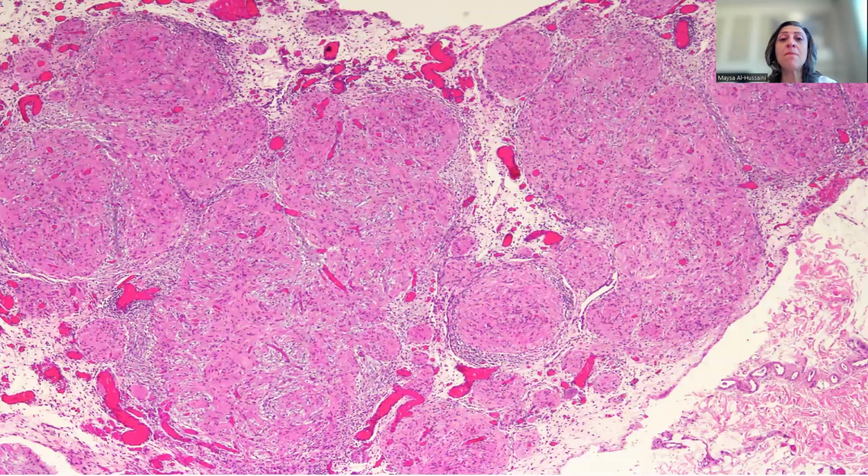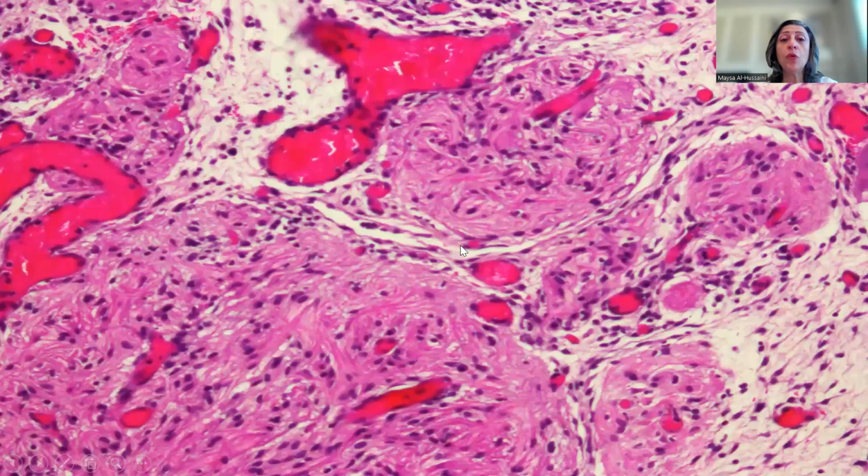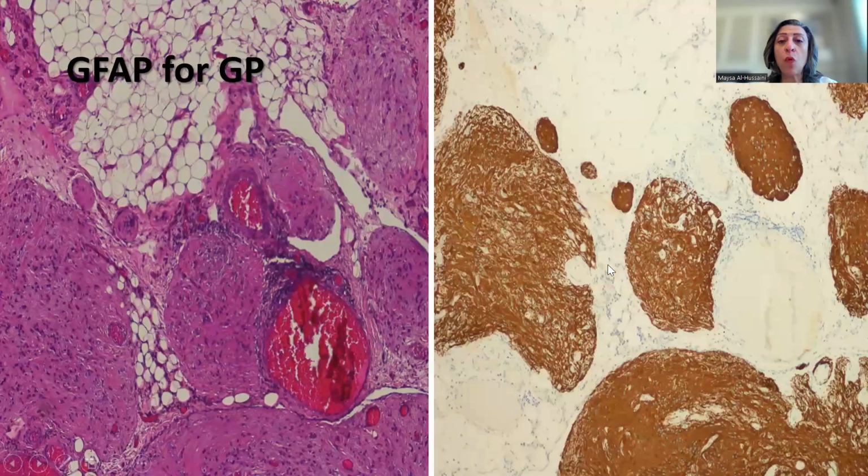So unlike the immature neuroepithelium that was present in the ovary, this is a mature glial component, and on high power magnification, you can see the fibrillarity again, the spindle cells with processes, but really no evidence of immature element. This is extremely important. And this component stains with GFAP, beautifully delineating the nodules that correlate with the nodules seen grossly.